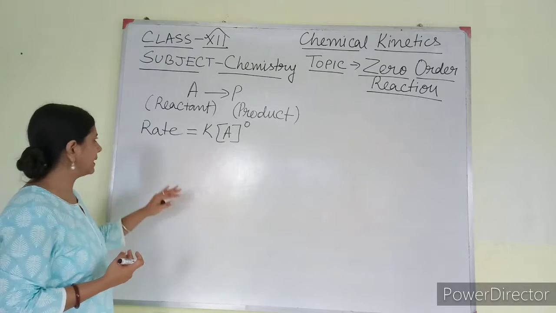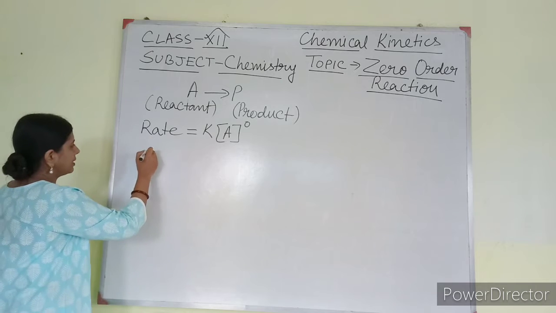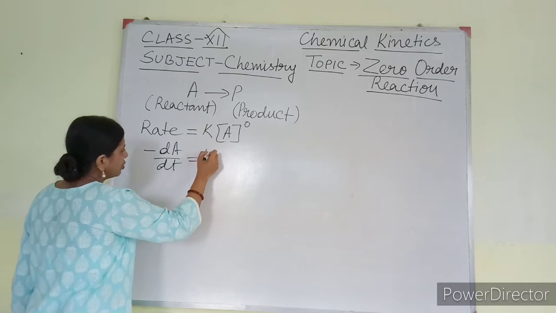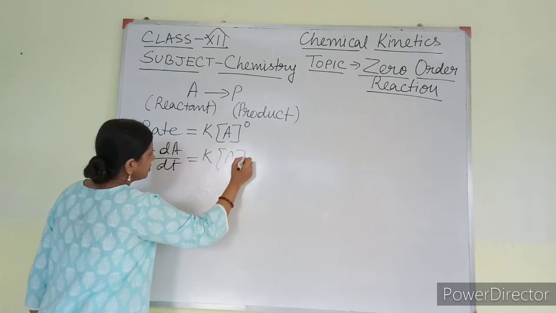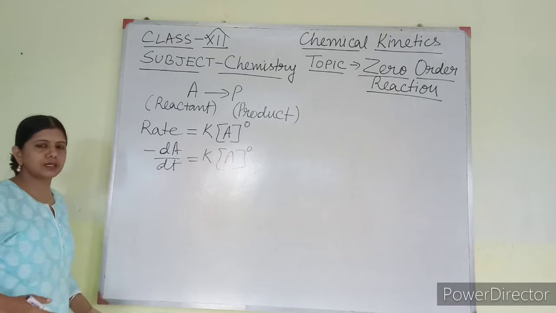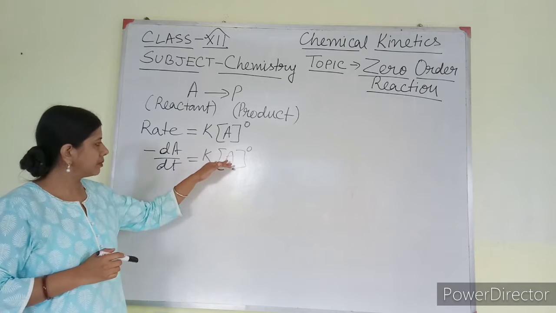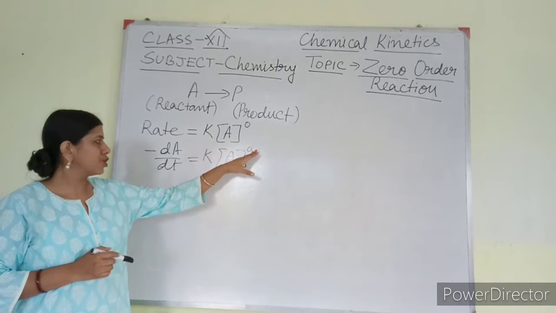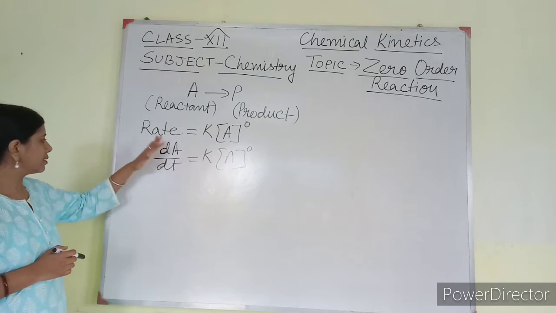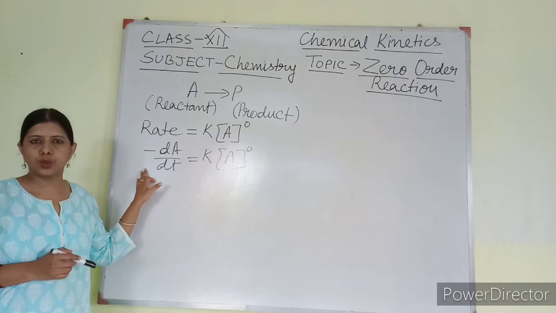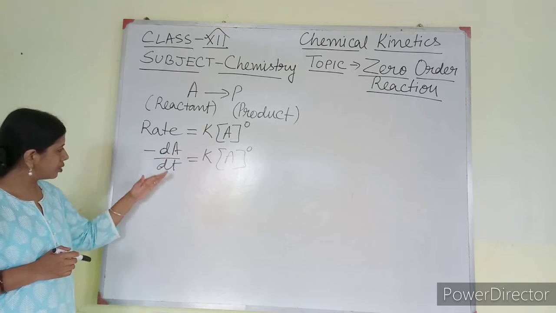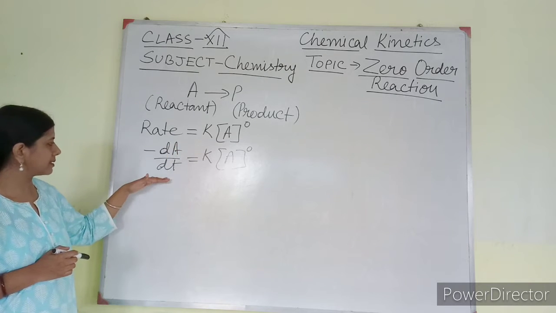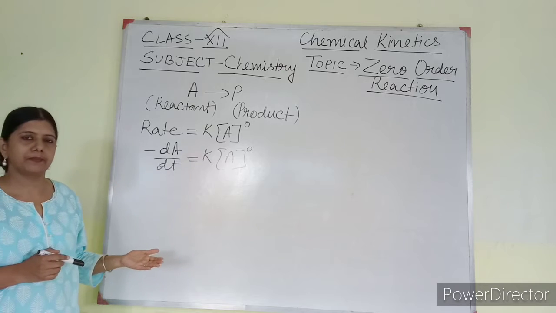I can also write the rate of the reaction as minus d[A] by dt equal to k[A]^0. That means the rate does not depend upon the concentration, so the power is 0. Rate is also written this way, as the negative of the change of reactant with respect to time.